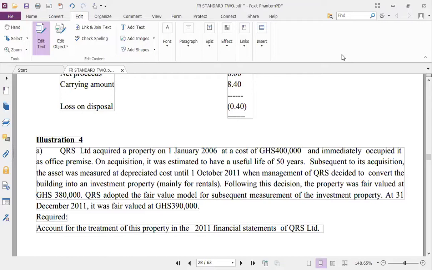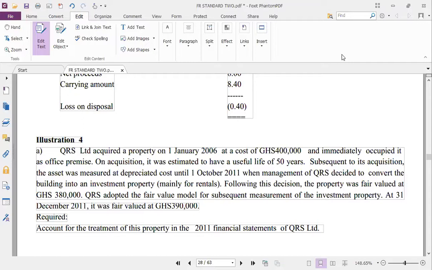Full stop. So, accounting treatment. Here we want the extracts, what goes to the P&L, what goes to the financial position, and then you adjourn. The rest are workings. Clearly show all the relevant workings. So here I can see that there was a transfer from owner occupied to investment property.